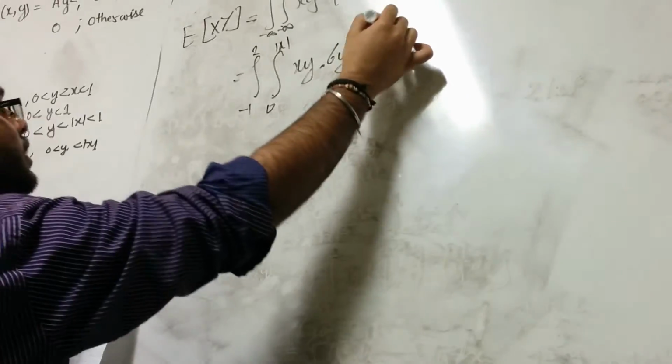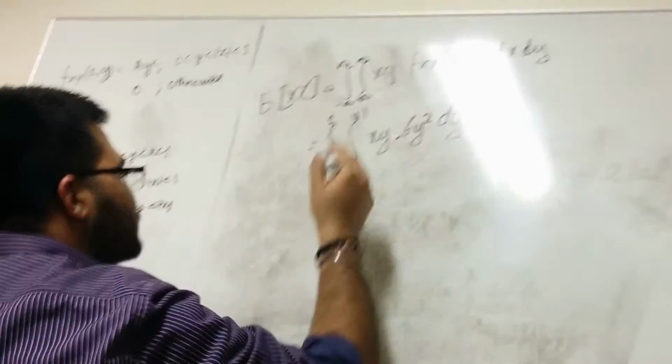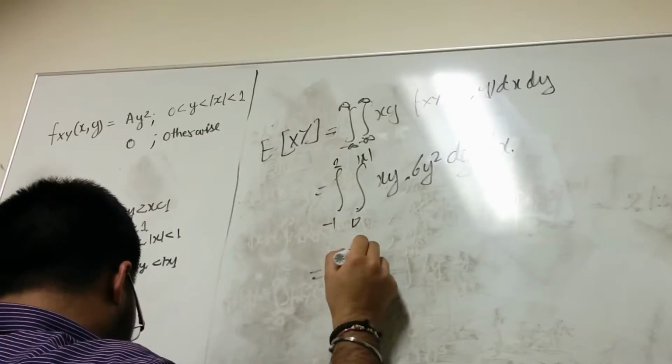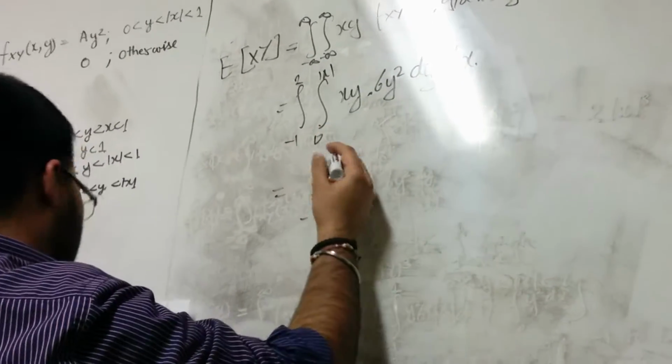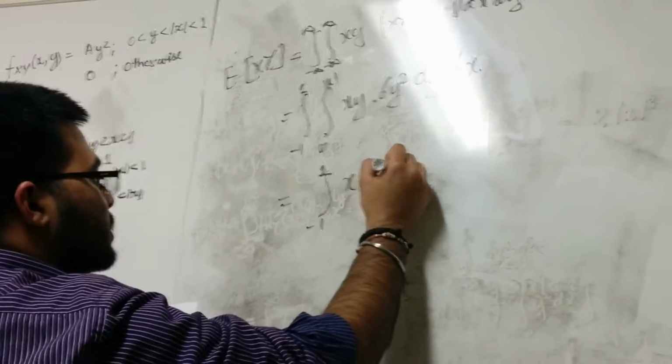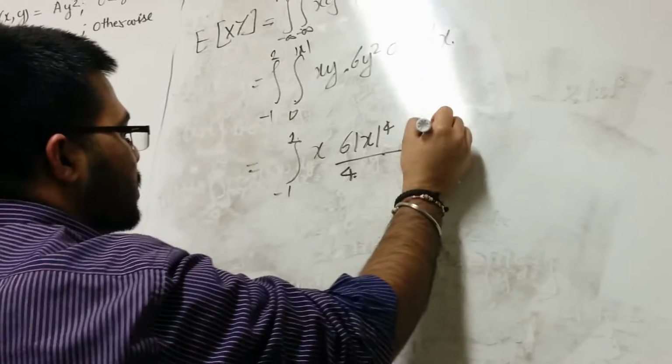Now we'll first integrate with respect to dy, so we'll write dy here and dx here. On integrating, we will get the integral from -1 to 1 of x times 6|x|^4 dx.